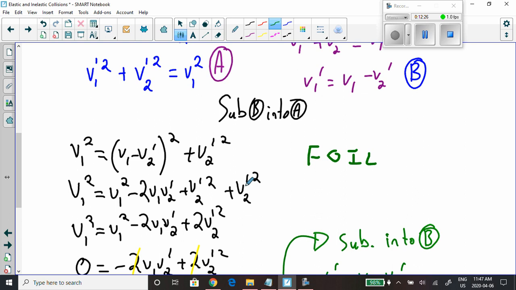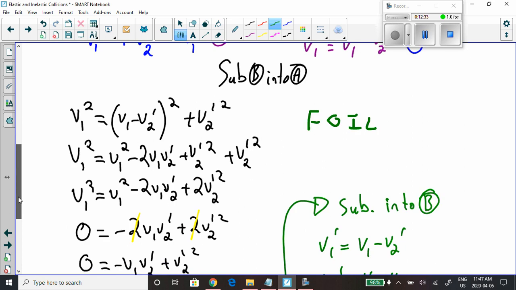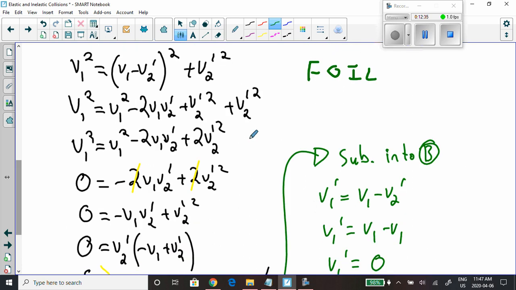The v1 squared on the left side of the equation also stays, and the equal sign stays. Let's continue. We notice that we can collect these terms here. They're the same, v2 prime squared and another v2 prime squared, so I can collect them and I get 2 times v2 prime squared. There you have it. And all the other terms are maintained.